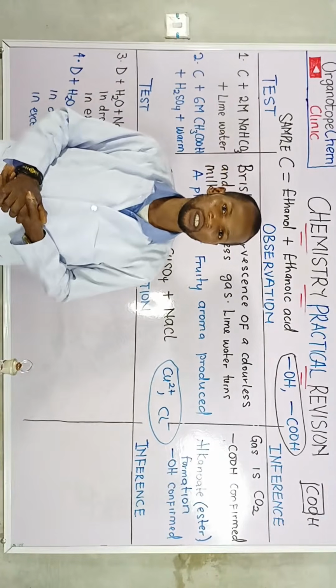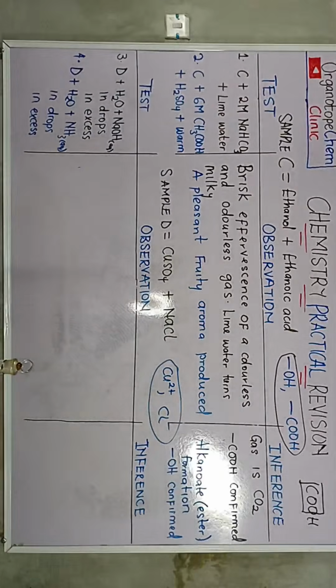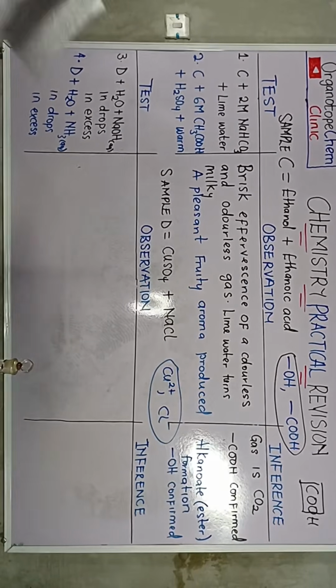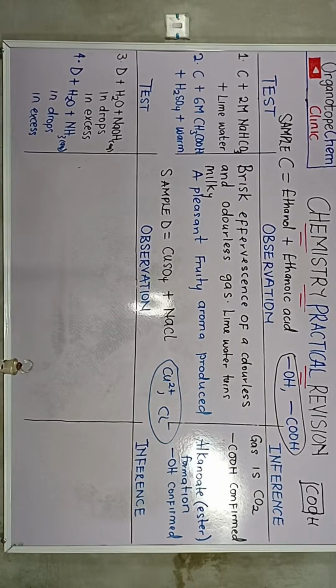So we can move on to the next one. If you're having questions, you can drop them in the chat. Yes, we are testing for sample C. Yes, this is a practical class for JUPEB chemistry practical.